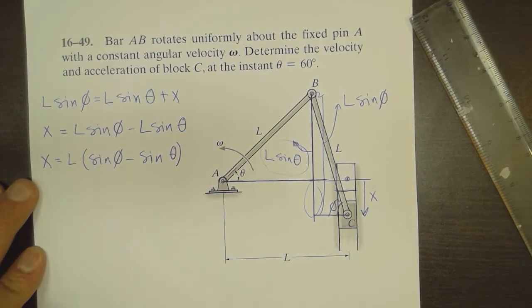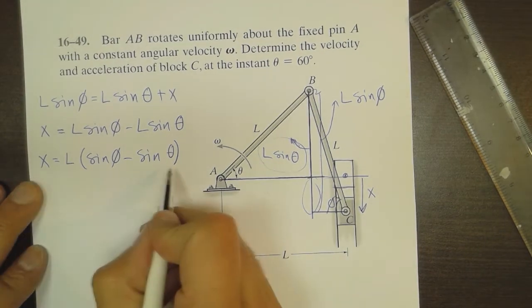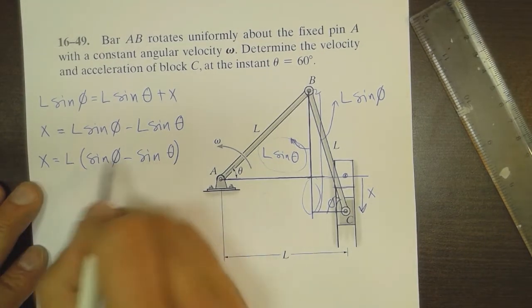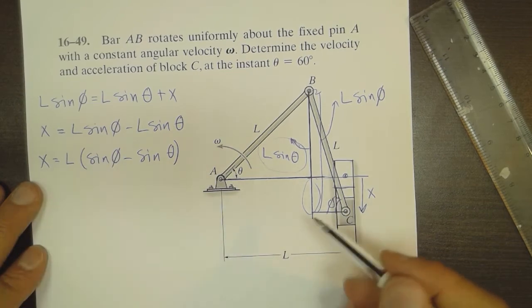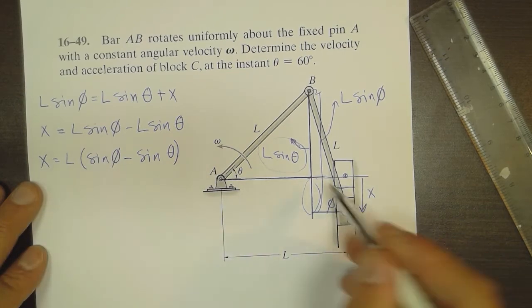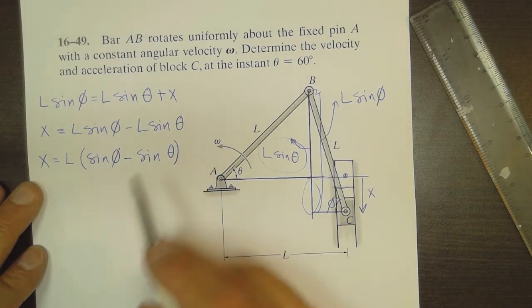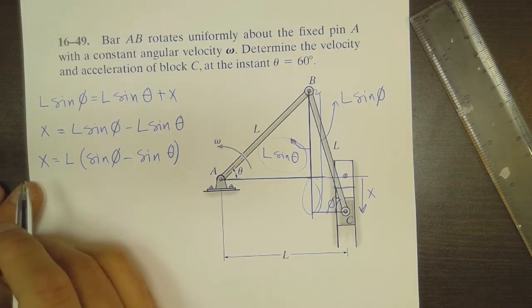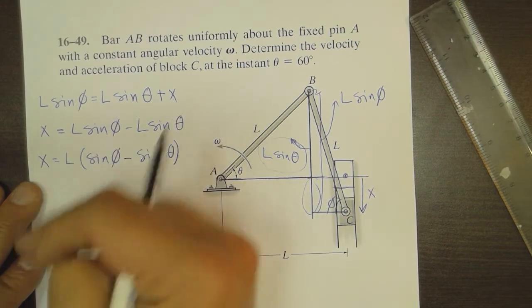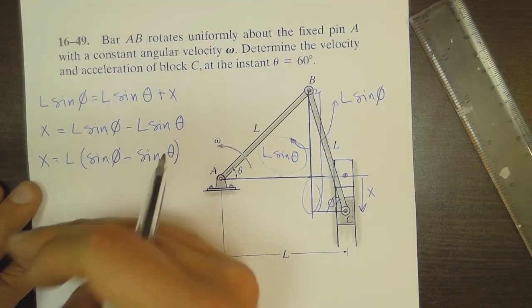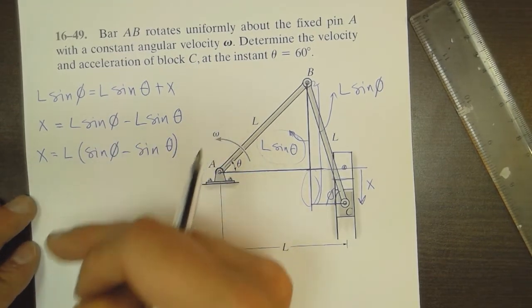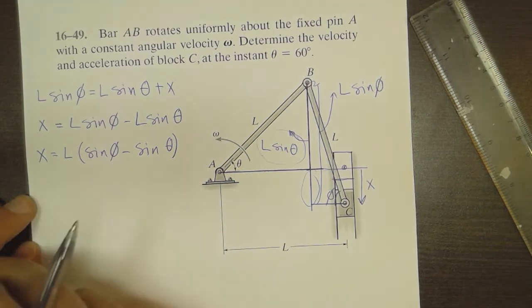This is a very important relation. It gives us the displacement of this block in terms of the angles theta and phi. So we need to come up with the velocity now. We can take the derivative for the velocity, and again for the acceleration, so we just need to do the derivative twice here.